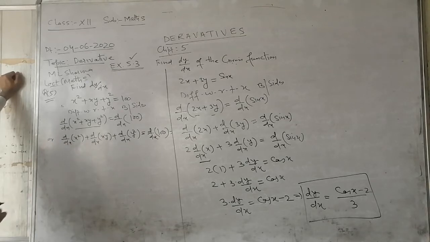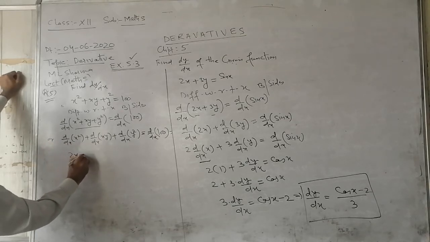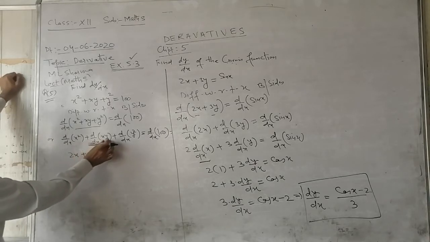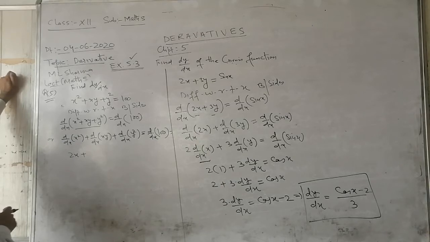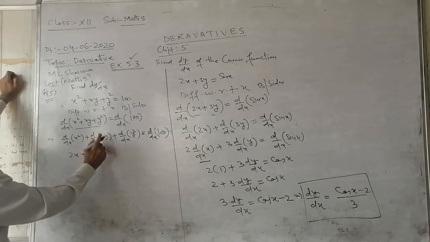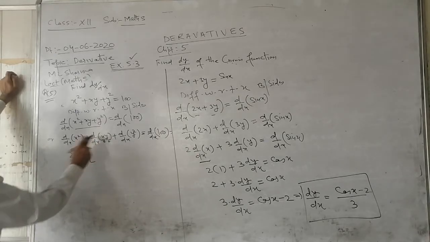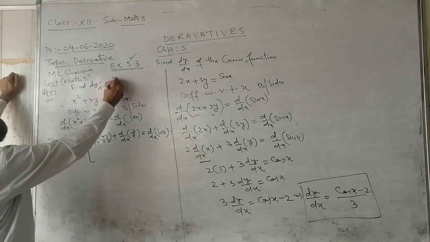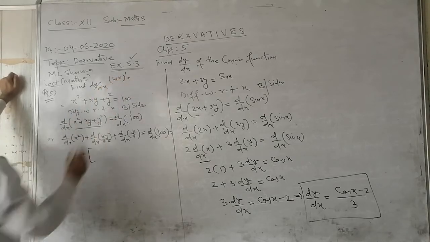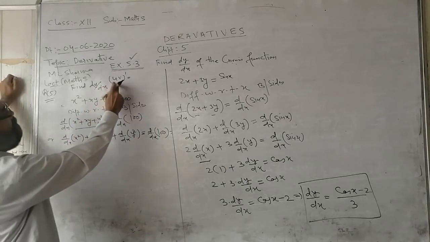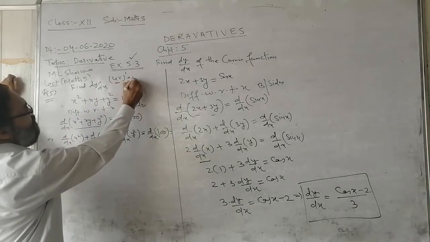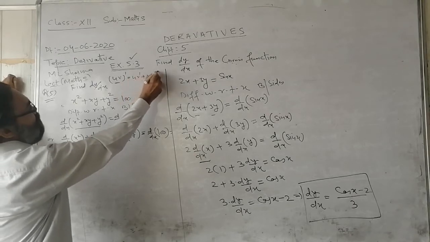The derivative of x square will be 2x. Then the derivative of xy. Now there are two variables, one is x and one is y. Here we will apply the product rule. This is the first function and this is the second function. Yesterday I told the formula for the product of two functions, u into v dash plus v into u dash.